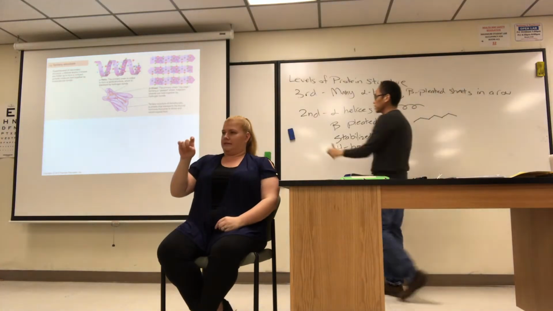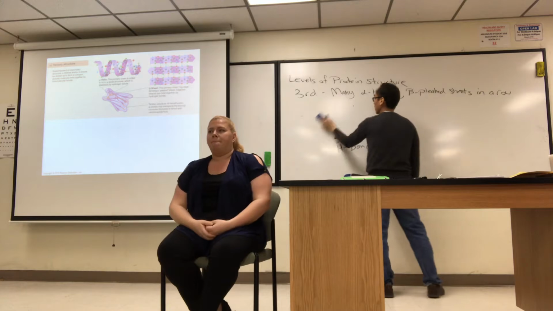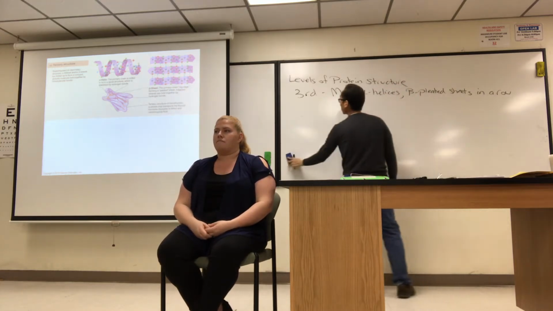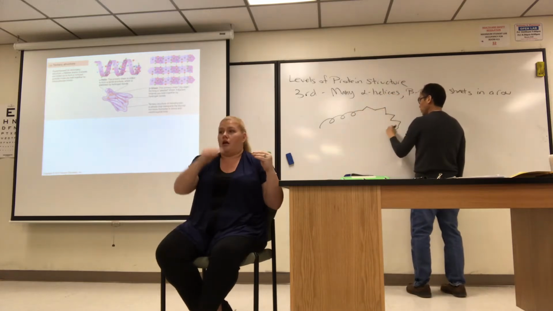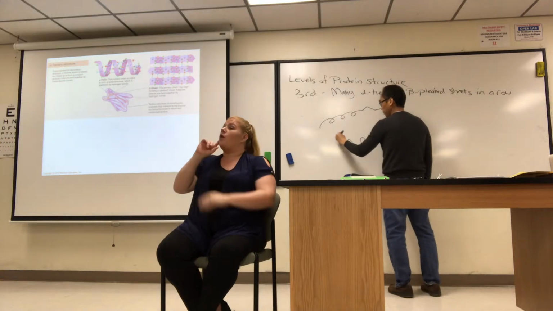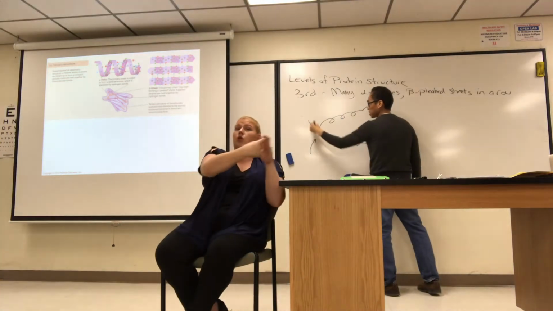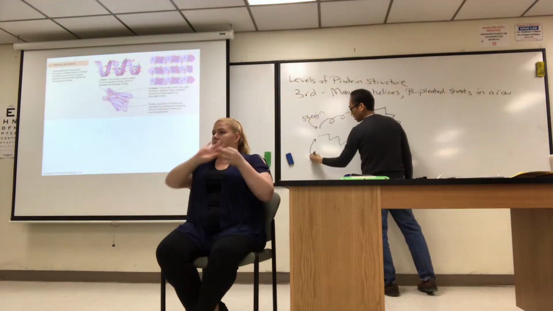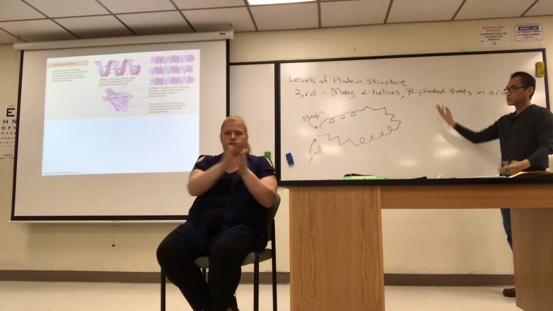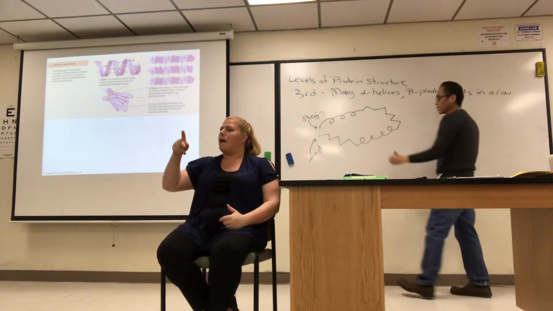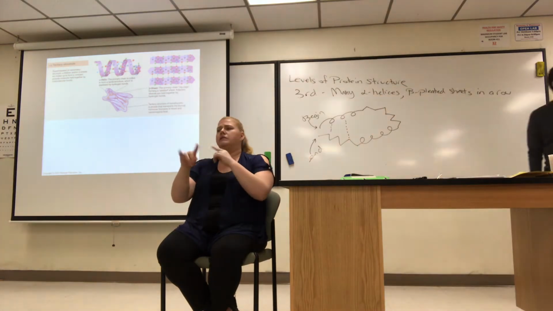They're continuous. So maybe you have an alpha helix, continuous with a beta pleated sheet, maybe another alpha helix, maybe another beta pleated sheet. But there's a beginning and an end, a start and a finish. The point is, it's one polypeptide chain, this tertiary structure. And maybe there's weak bonding that maintains that shape. That's the definition of it.